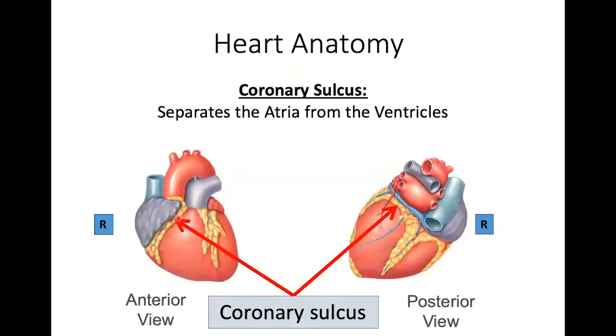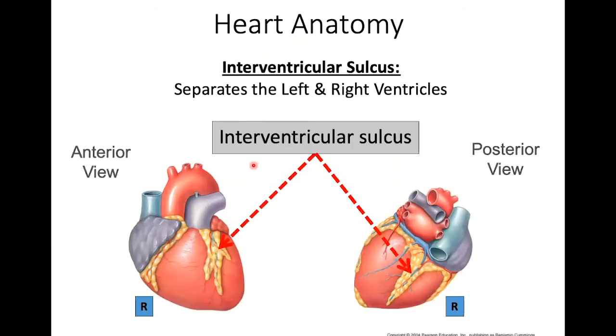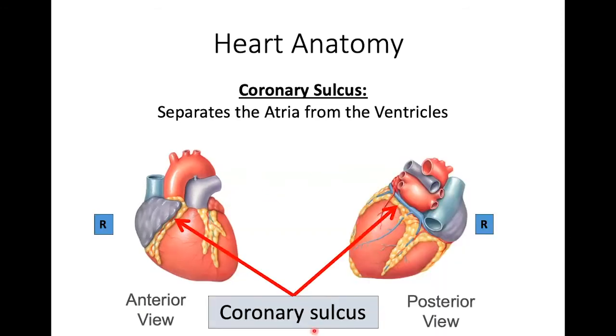Two features that we can visualize from an external perspective are known as the coronary sulcus and the interventricular sulcus. If you think back to our lecture on the nervous system, a sulcus was a depression, right? When we looked at the brain, we had a gyrus, which was an elevation of the brain, and a sulcus, which was the depression.